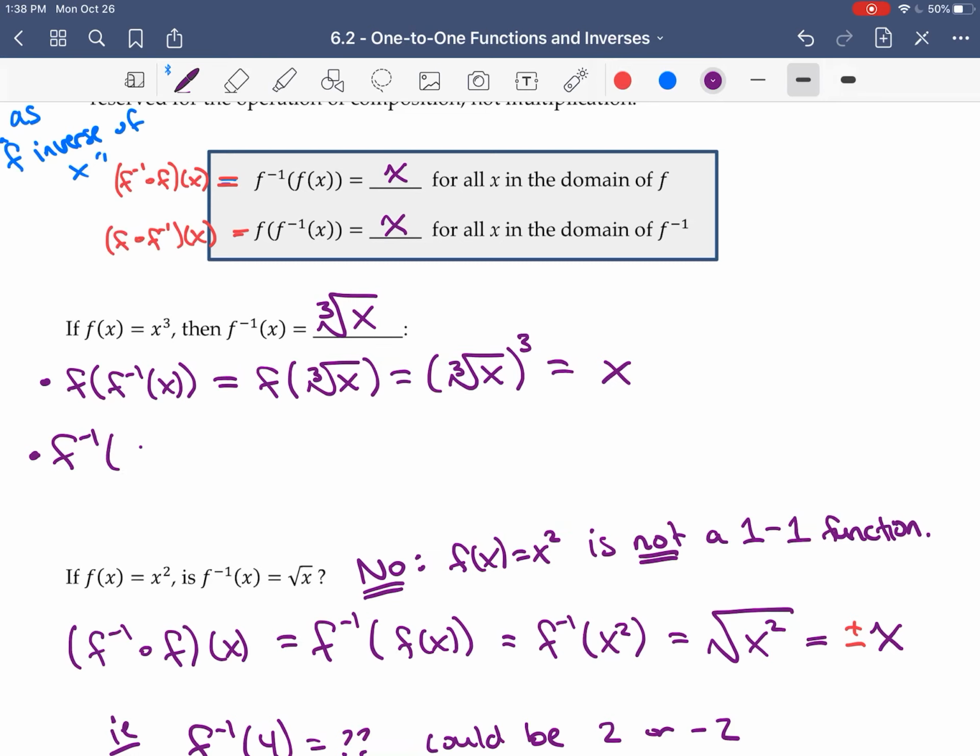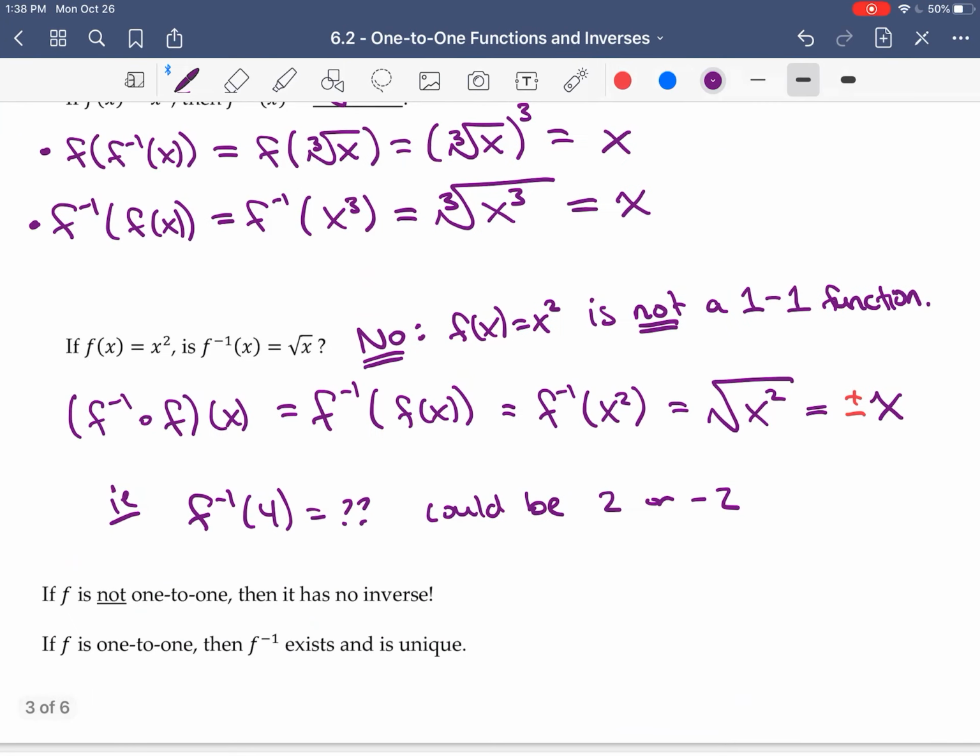Similarly, f inverse of f of x is going to be f inverse of x cubed, which is the cube root of x cubed, which is also x. So these guys are inverse functions, and when we compose them together, we get x.